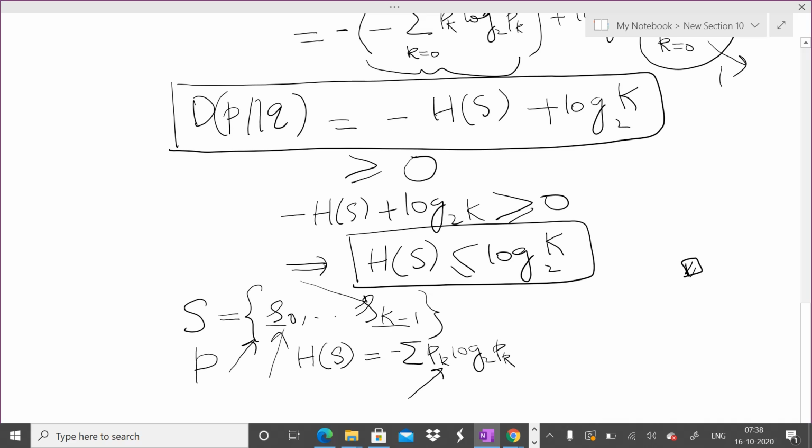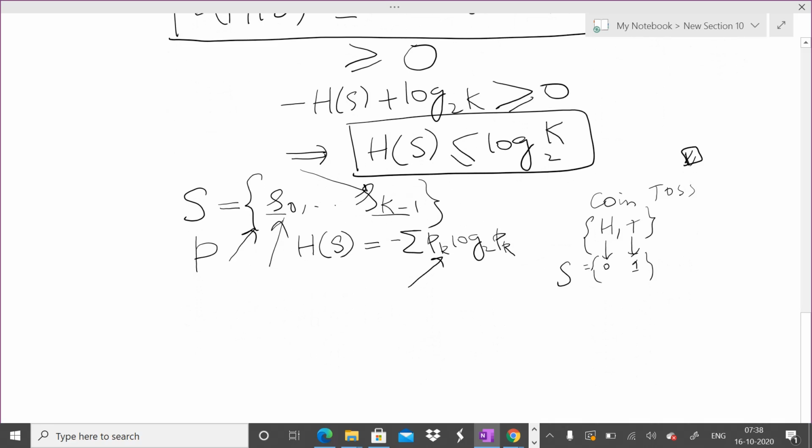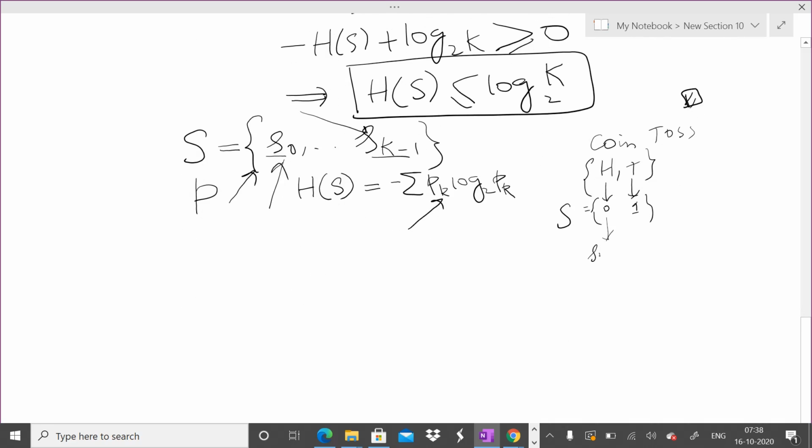Now, out of all probability distributions, which one will give us the maximum entropy? Suppose you have a coin toss, head and tail, head mapped to 0, tail mapped to 1. Let's write this as S, so this is your S0 and this is your S1.